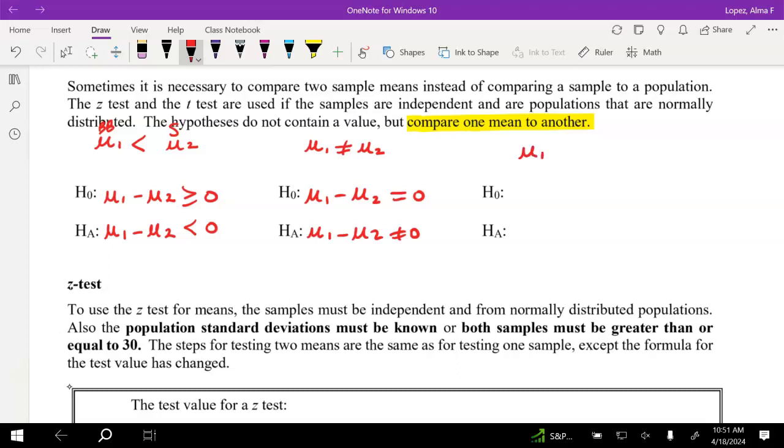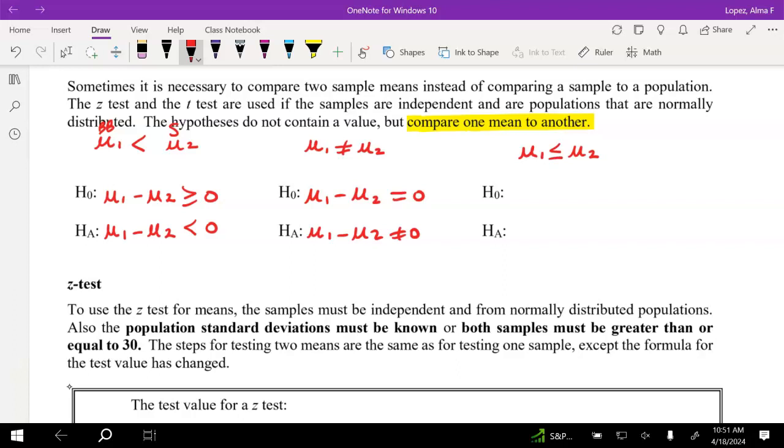In one more quick statement, average cost of washers at Best Buy, average cost of washers at Sears. I believe that the average price of washers at Best Buy is no more than the average price of washers at Sears. Well, no more than is less than or equal to.